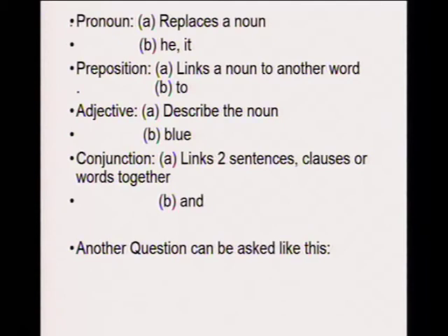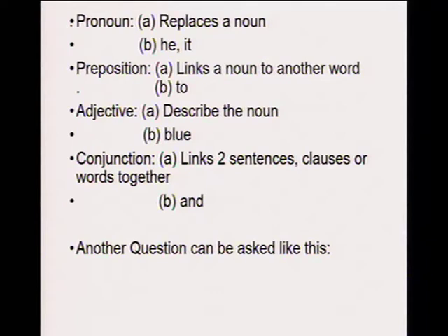Then the adjective. An adjective describes the noun. Adverbs describe the verb, and adjectives describe the noun. It tells you something about the noun. The noun in this sentence is gate. And which word tells you more about gate? Blue, because the gate is blue.